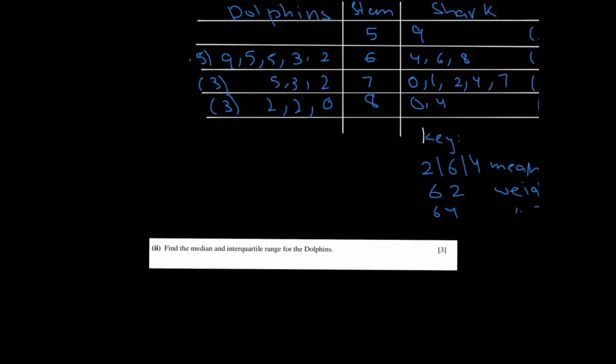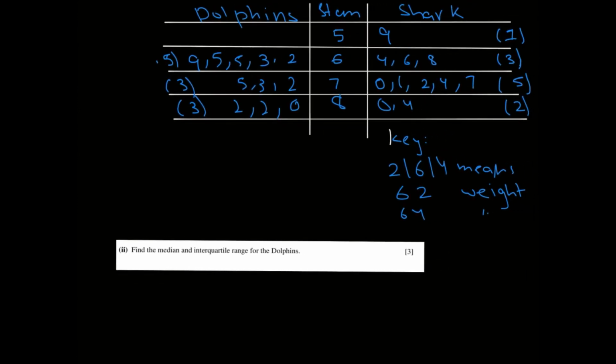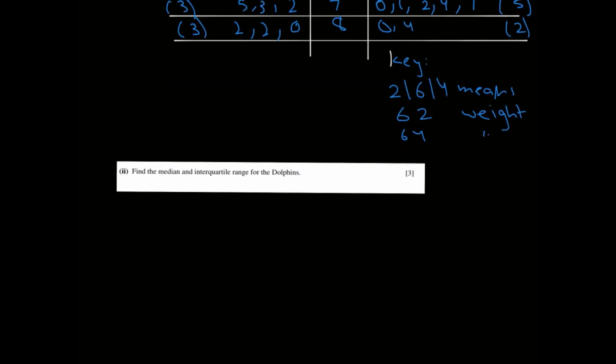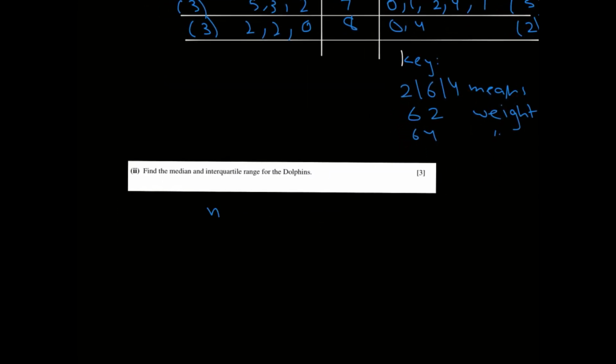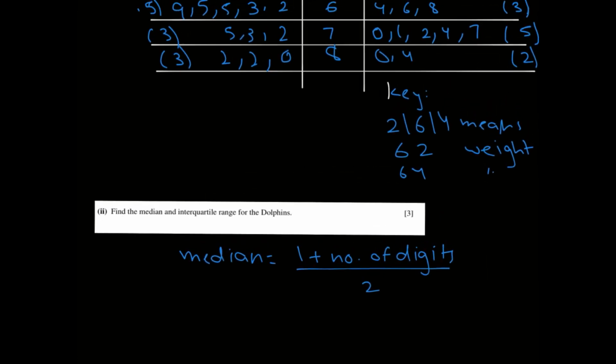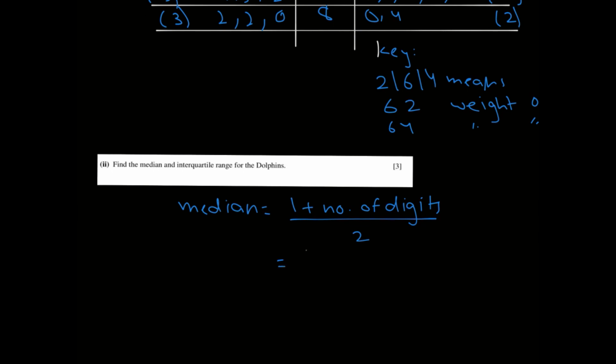So let's look at the second part. The second part tells us to find the median and interquartile range for dolphins. The formula for the median is always that you add 1 to the number of values and divide by 2. The number of values in this is 11. So you add 1 to 11 and divide by 2. 12 divided by 2 is 6.